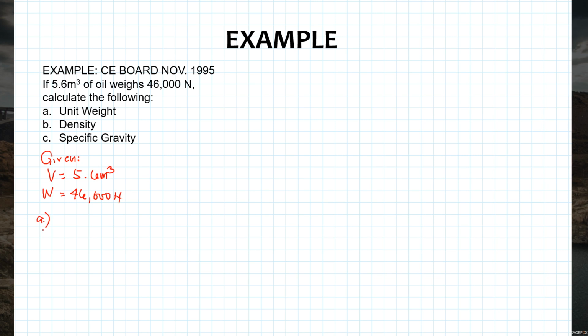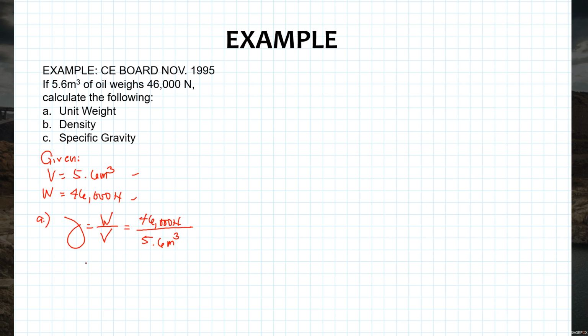Letter A. What is the unit weight? The unit weight, symbol gamma, is just simply weight over volume. We can also use the mass density, rho times G, but we don't have a given of mass density here. So we will take advantage of the given 46,000 and volume of 5.6. So, directly substitute it here, 46,000 newtons all over 5.6 cubic meters.